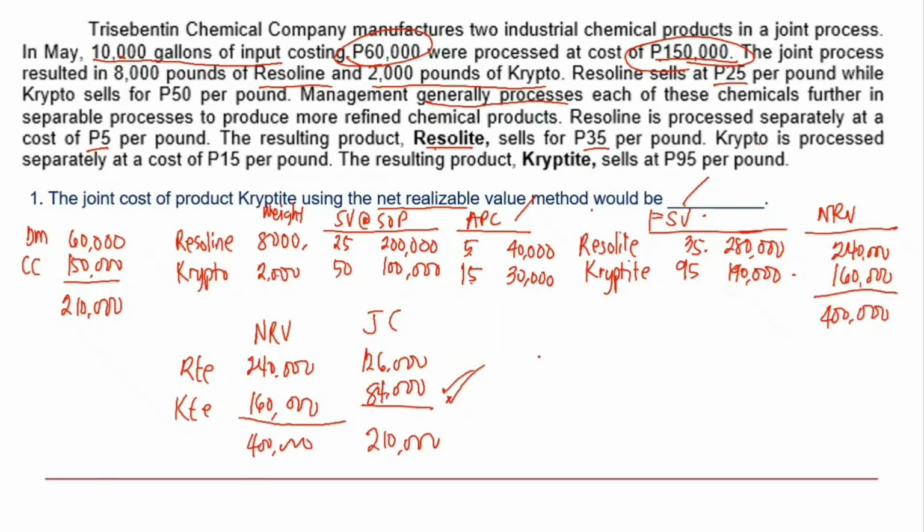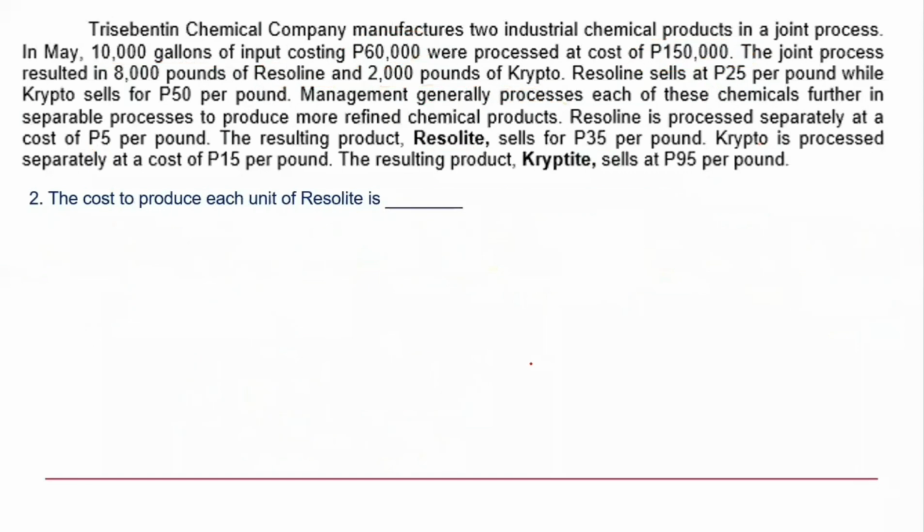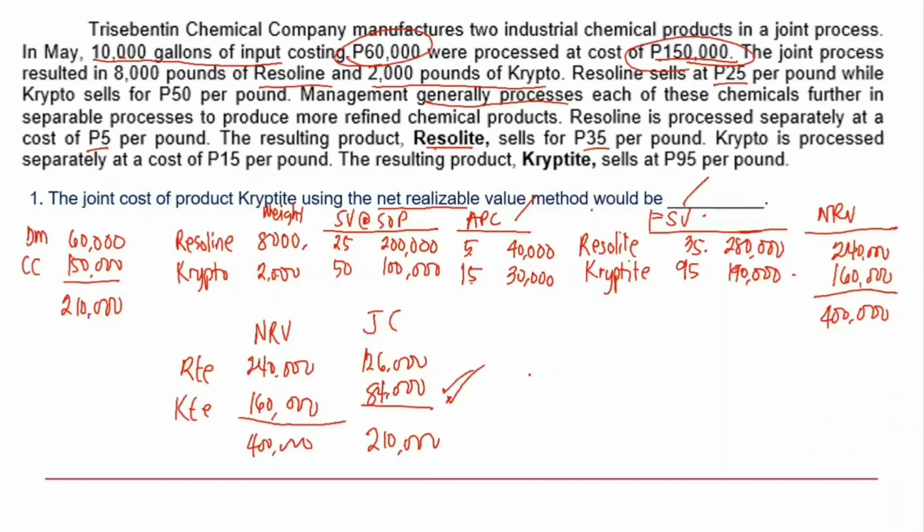Okay, what is asked in number 2? What is the cost to produce each unit of Resolite? So let's go back. Unit cost is being asked. We only have the joint cost so far, right? When unit cost is asked and the product is processed further, you add the APC.